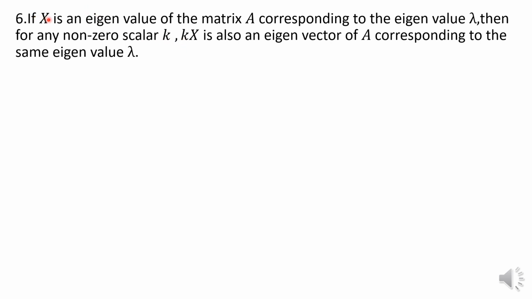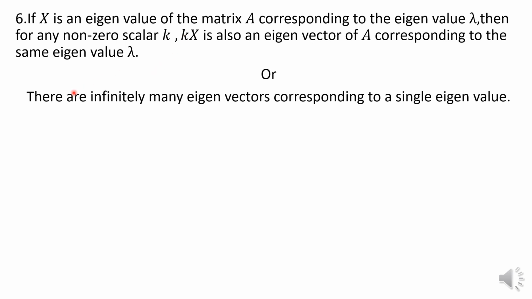If x is an eigenvector, then kx is also an eigenvector corresponding to the same eigenvalue lambda, where k is non-zero. We can state this property in another way like this: there are infinitely many eigenvectors corresponding to a single eigenvalue.